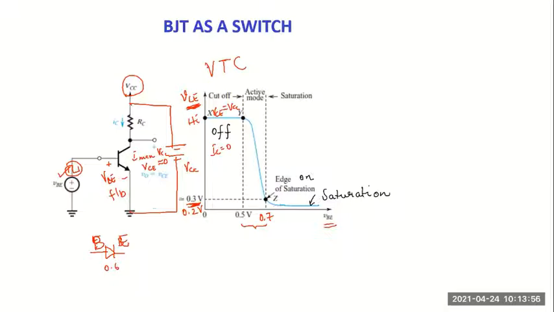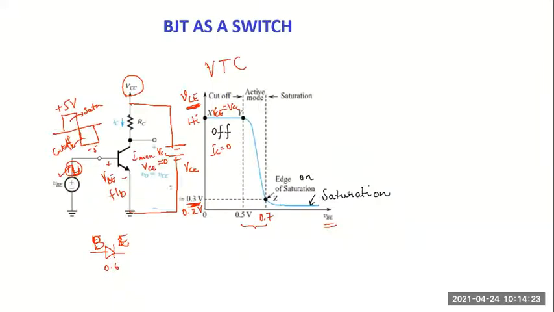So now the switch is in the lower region where output voltage is low. Input is high, output is low. And next, when the input signal given is low, you are giving a square wave like this. When input was +5, the transistor goes to saturation. And when input is -5, the transistor will go to cutoff.